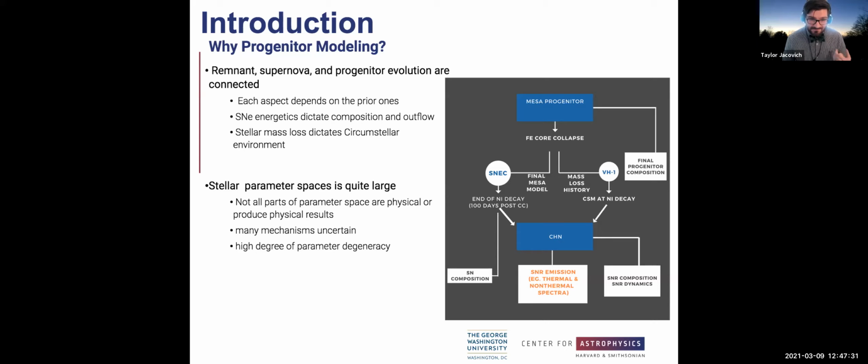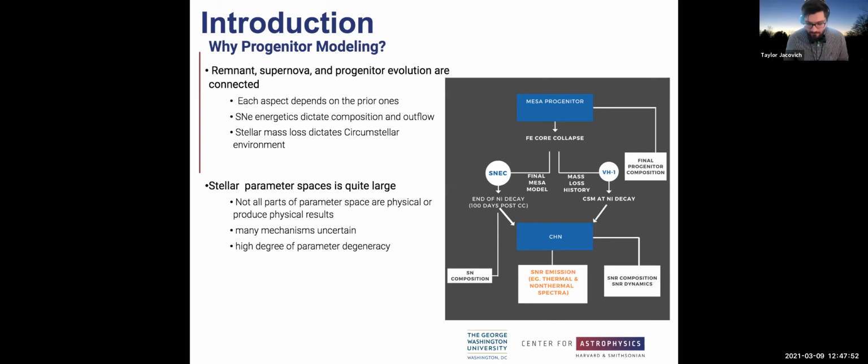And so we have to consider the entire chain and not just the final object. On top of that, stellar parameter space is quite large. There are a lot of uncertainties in how certain physical mechanisms play out. There's a high degree of degeneracy in how you can set your parameters.